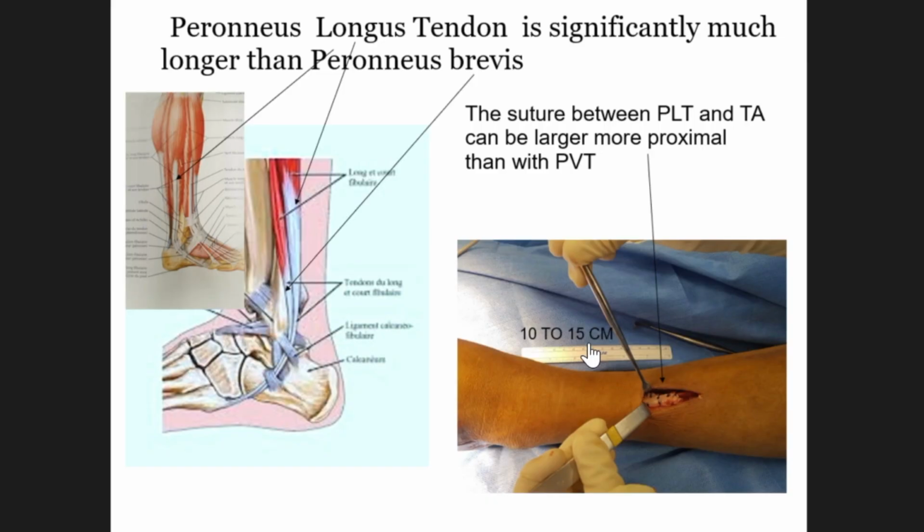But mostly, the most important reasons are anatomic. Because the peroneus longus tendon is significantly longer than the peroneus brevis. And you can make a suture with a scar, as you can see here, very proximal, 15 centimeters above the ankle.